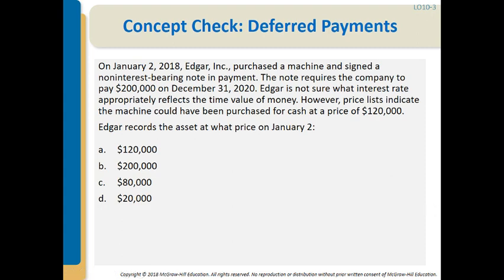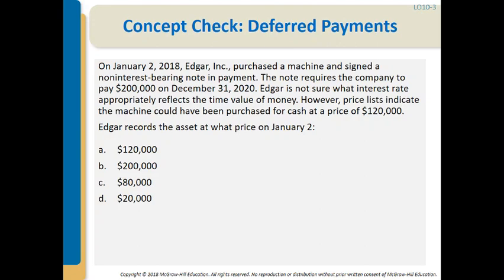Alright, so anyway, Edgar Inc. on January 2nd of 2018 purchased a machine and signed a non-interest bearing note in payment. The note requires the company to pay $200,000 on December 31 of 2020. Edgar is not sure what interest rate appropriately reflects the time value of money.